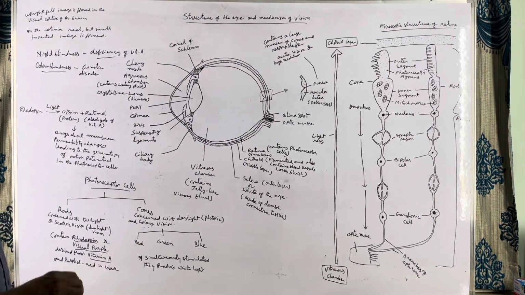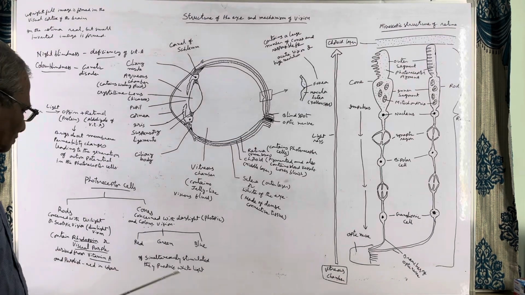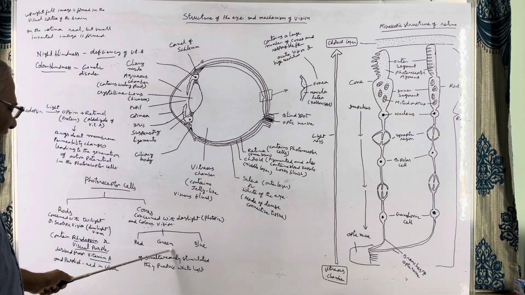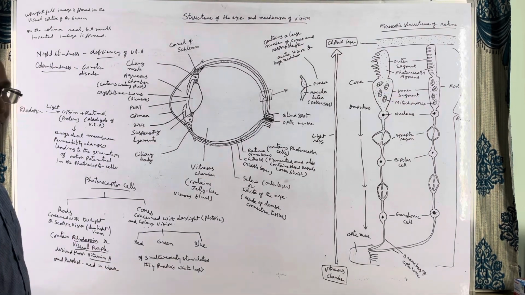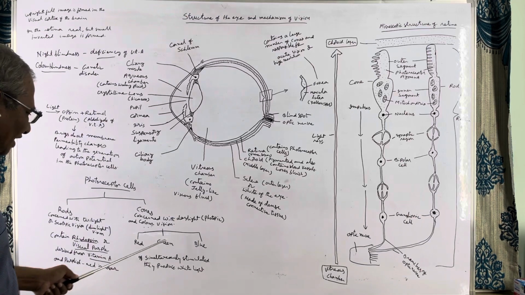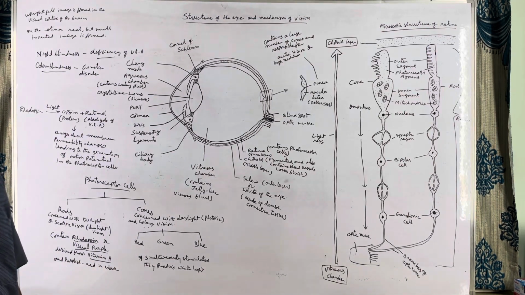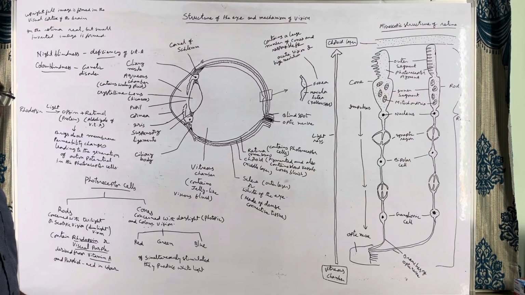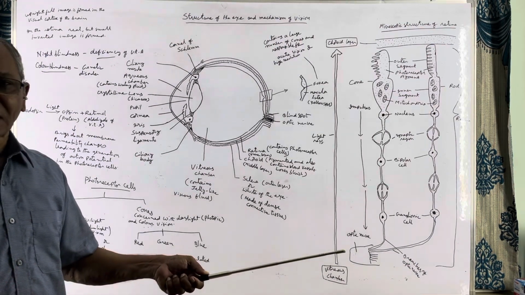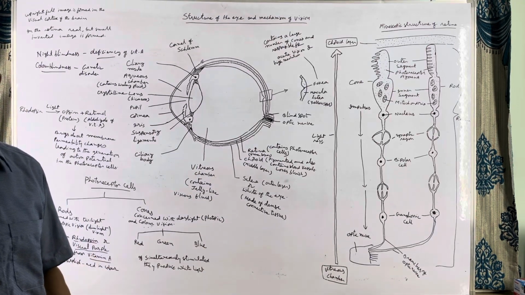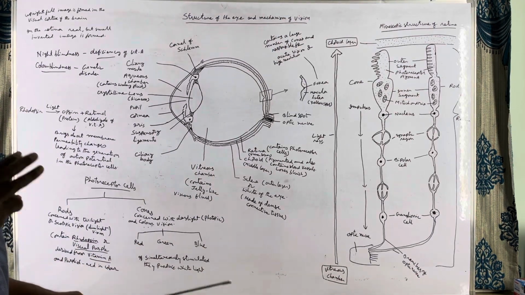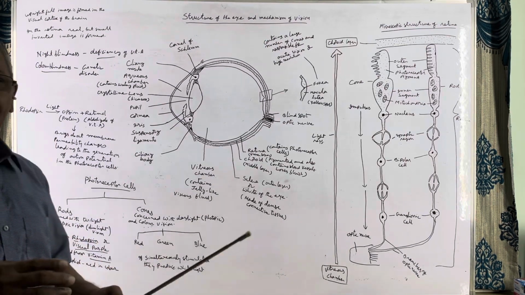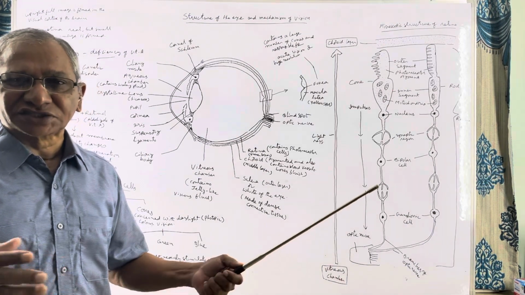The cones are mainly three types: some are concerned with red color, some with green, some with blue. These three colors are known as basic colors. By the combination of these three basic colors, millions of different color shades can be produced. So in nature, there are only three basic colors: red, green and blue. By differential combination of these colors, different shades can be produced.